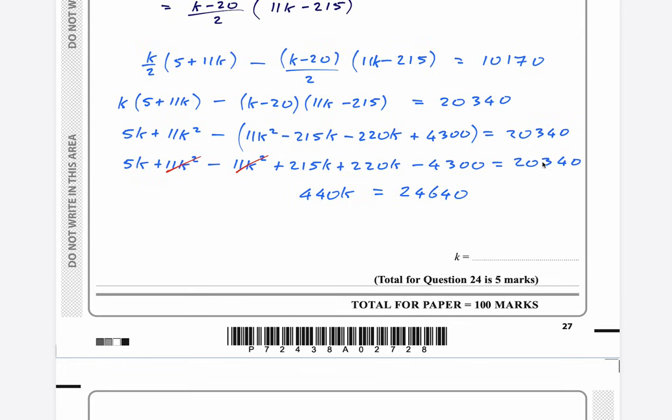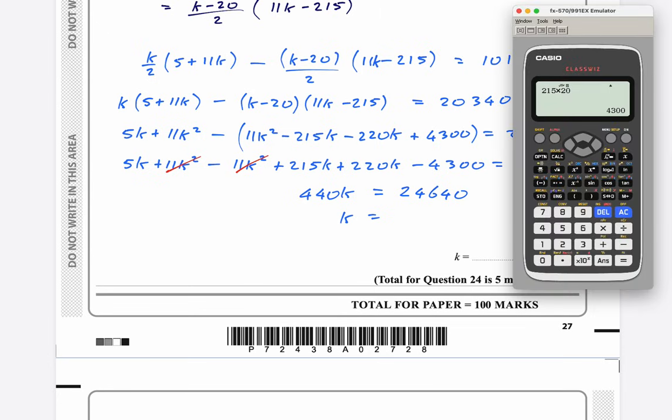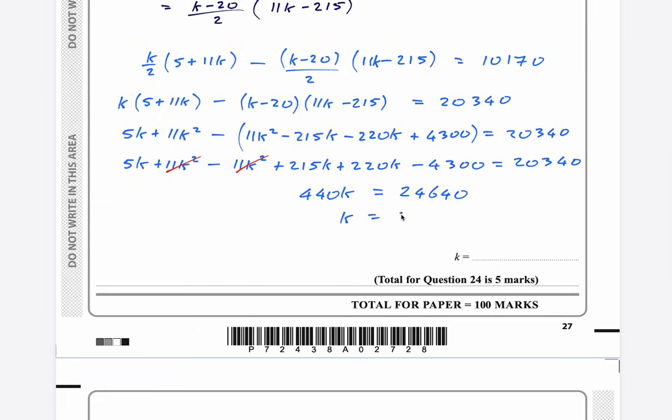That's just this plus this, and then k is equal to this divided by this. Please give me something nice. 24640 divided by 440, and I get 56, which is very nice. And the correct answer, k is equal to 56.